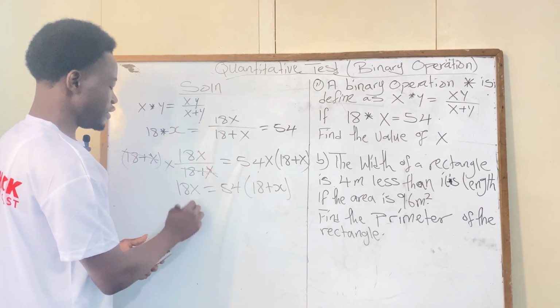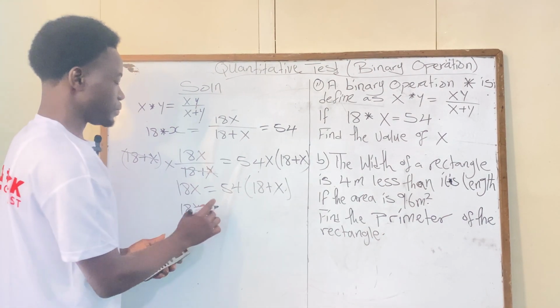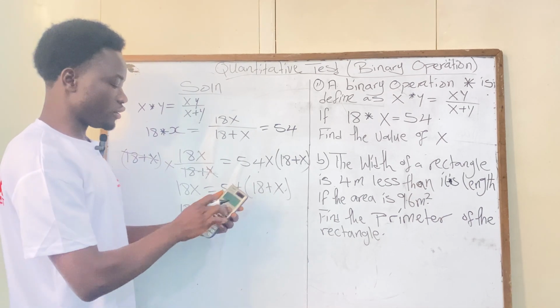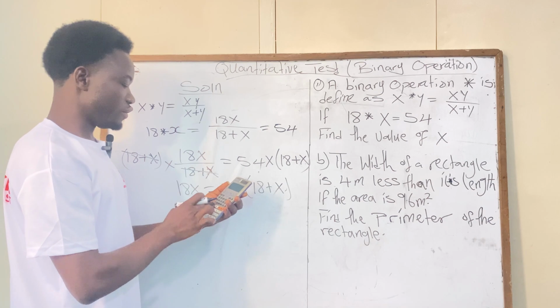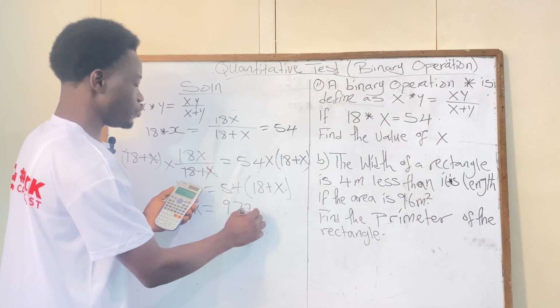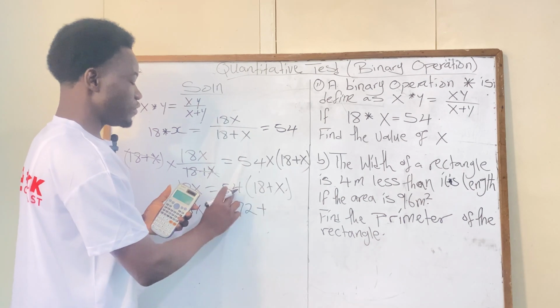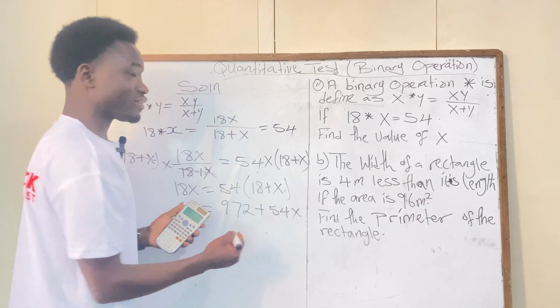Alright, we can use the calculator to solve for these values. So I have 18x equal to 54 times 18, that will give me 972, plus 54 times x will give you 54x.